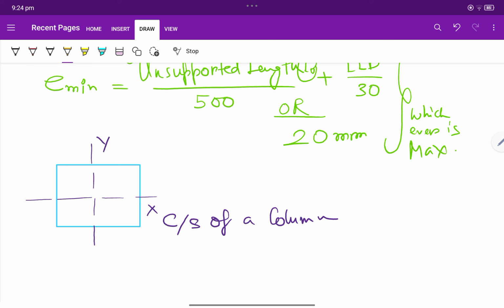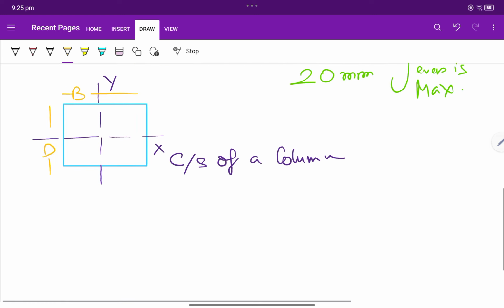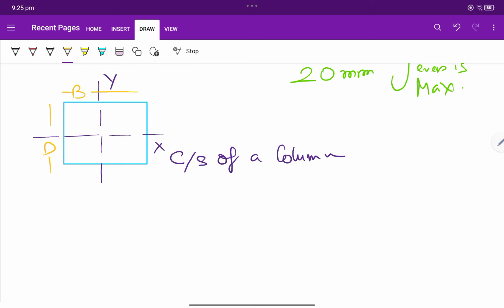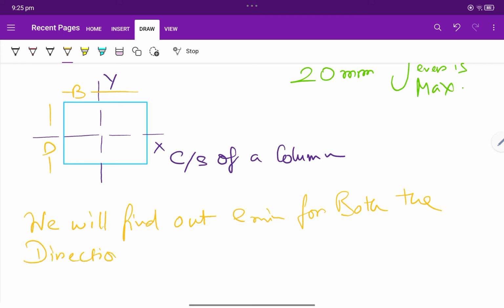Let's say this dimension is B and this dimension is D. When we find the E minimum for a rectangular column, we have to find it in both directions, that is, E minimum for x direction and E minimum for y direction.